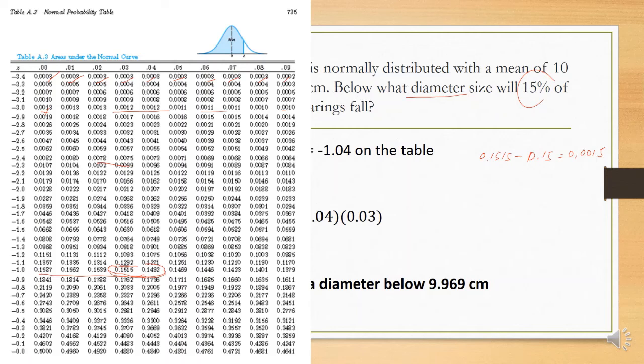Yung isa naman, 0.15 minus nung second reading na 0.1492, which gives us 0.0008. Okay, 0.0008. Tatlong 0. Ito, dalawa lang. So, meaning, mas malapit ang 0.15 dito sa value na ito.